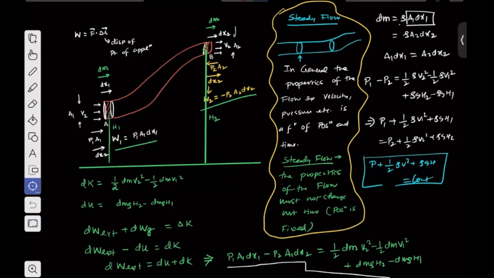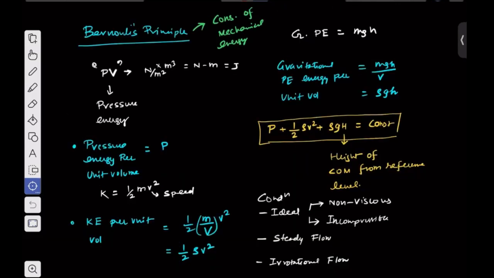See, the work done by the pressure here is P1 A1 dx1. If I divide this by dt, that will be the rate of work done by the pressure. So consider this one as pressure energy, this one as the kinetic energy per unit volume, and this one as the gravitational potential energy per unit volume that we are conserving at any cross section.